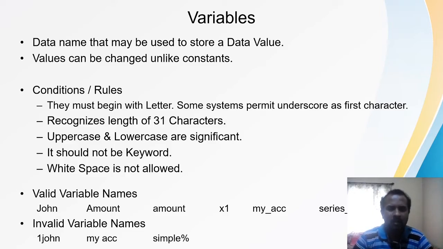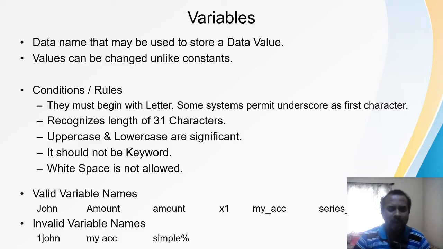Now, rules to name the variable. The rules for naming a variable are pretty much similar to the rules of the identifier. The first rule is it must begin with a letter, and some systems will permit an underscore also. It is going to recognize only 31 characters; more than 31 characters it will not recognize. Uppercase and lowercase are significant because C is case sensitive.